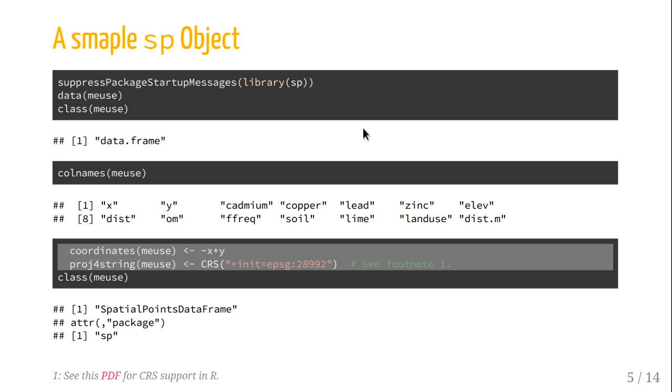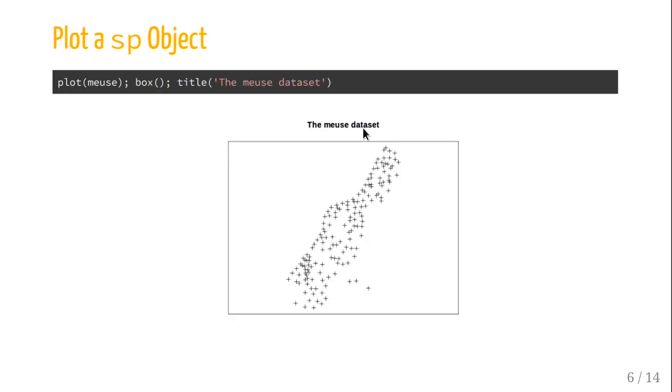And now if you do class of meuse, the earlier was data frame. Now you'll see that it's a spatial points data frame. So at this point, you know that it is storing spatial points, XY locations, and it is a data frame because it has a lot of attributes in it. The attributes you've already seen. So the first thing you'll probably do is just plot it out quickly and see what it has.